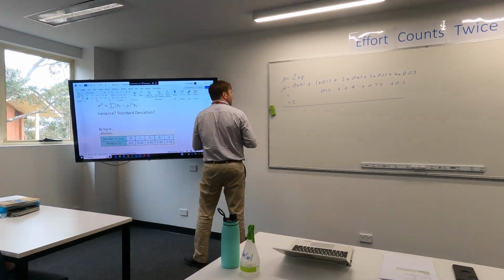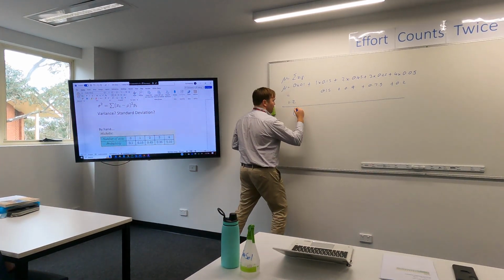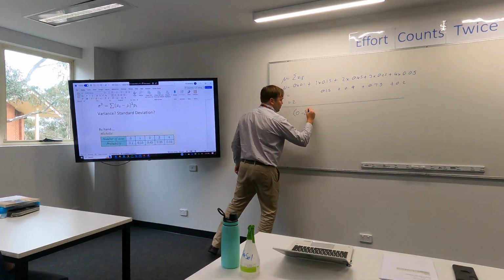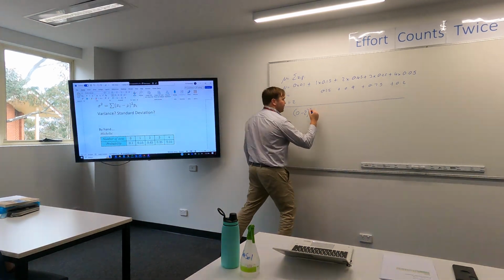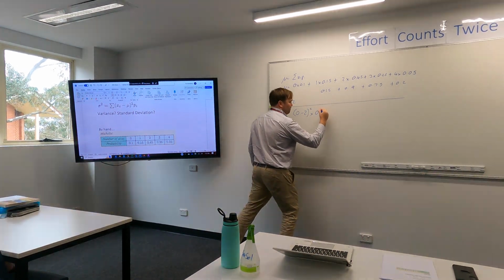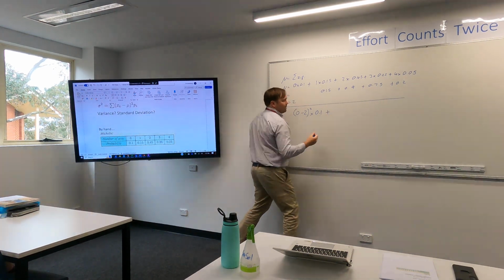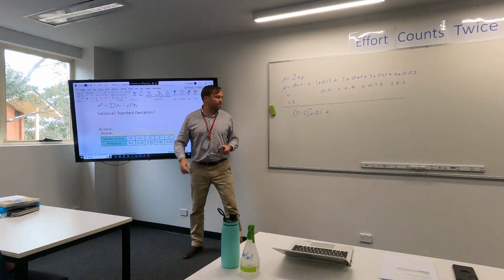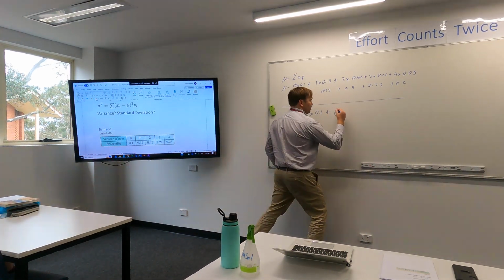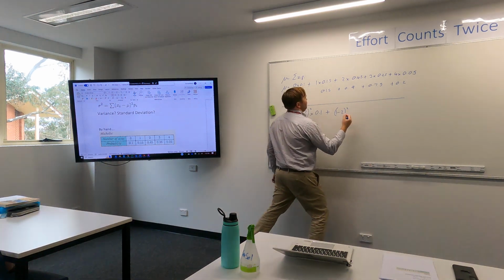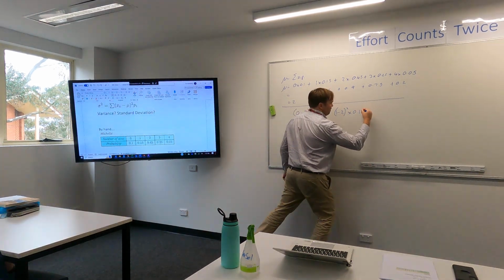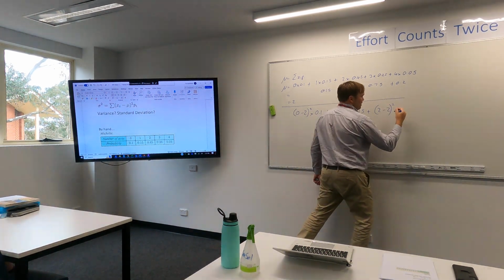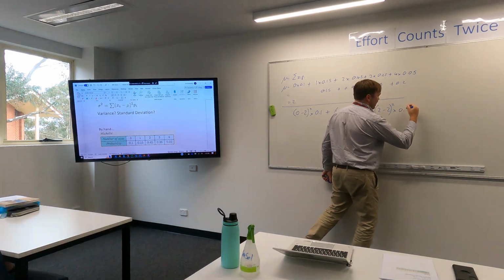So in this case, it is 0, which is the first outcome, subtract the mean, squared, multiplied by the probability of that occurring, and then plus the second outcome, 1 subtract the mean, squared, multiplied by the probability of that occurring, plus the third outcome, subtract the mean, squared, multiplied by the probability of it occurring, and so on.